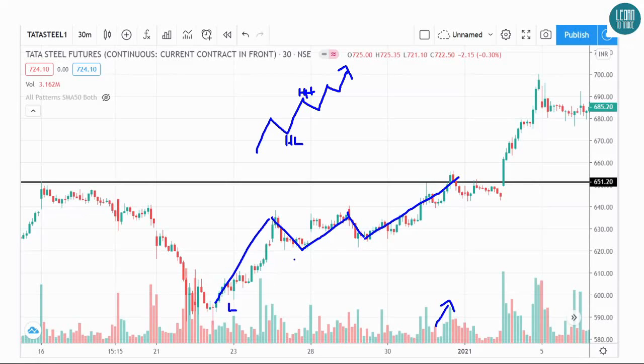This is the low, higher low formation, higher low formation, and higher high formation, continuously higher high formation. So with this V-shaped recovery, aggressive buyers are slowly and steadily pushing the stock price towards the upside with higher highs and higher lows. So this is favoring buyers.